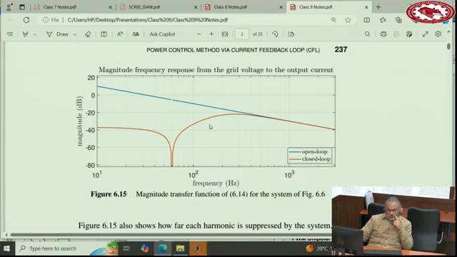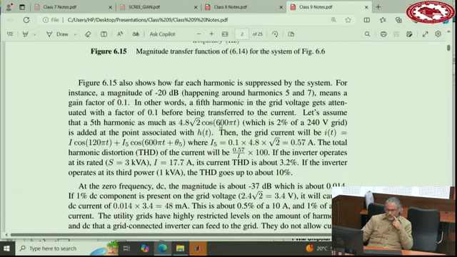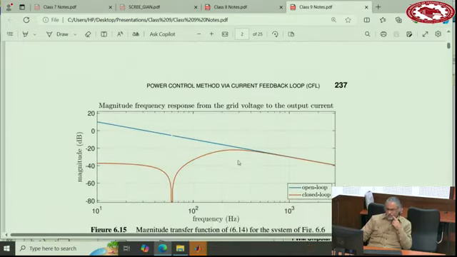Now let's see these numbers, which I want to explain a little because it's important. For this transfer function, let's say at harmonic 5, the magnitude is negative 20 dB. Negative 20 dB means 0.1 in non-dB terms. So the output current to the input grid voltage ratio is 0.1. Whatever you have in the grid voltage is multiplied by 0.1 and goes to the output.